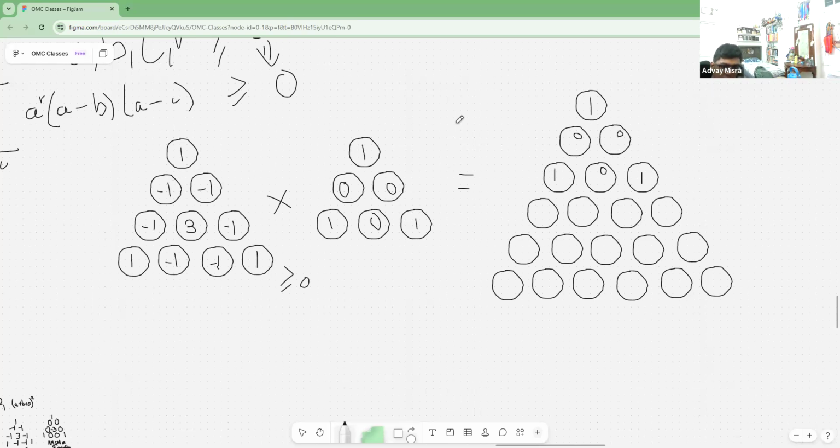Then this -1, you match it with this, multiply, and place that over here. So -1, 0, 0, 0, -1, -1. Since in the end we're going to be summing anyway, you can just omit any zeros.